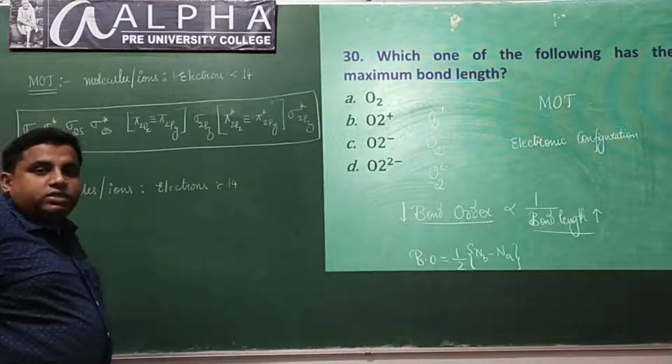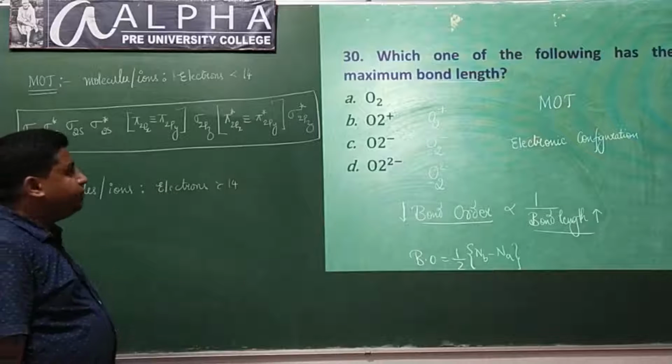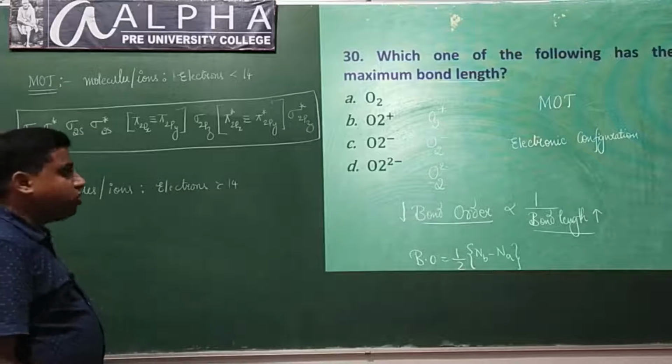For molecules or ions with more than 14 electrons, there is a slight change in this electronic configuration.